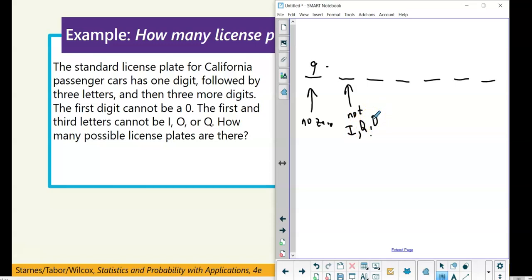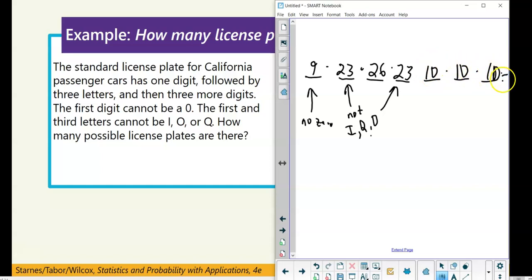So it could be any of the other letters out of 26, so there's 23 options for you. The middle letter can be all 26, but the third one also has that same restriction, so there can only be 23 options. The last digits don't seem to have any qualifications, so it's just 10 times 10 times 10.